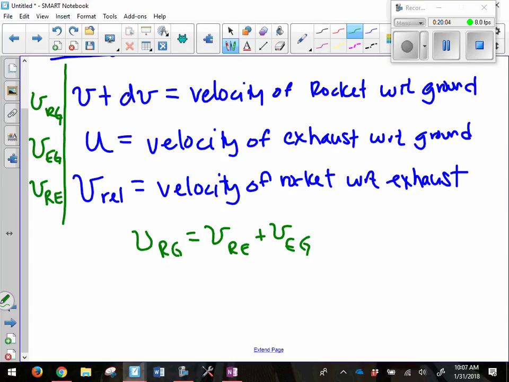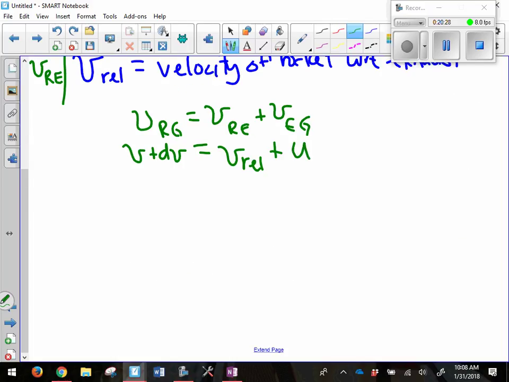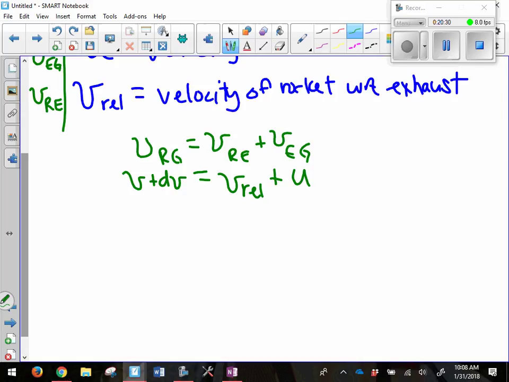Okay, so everybody gets where this comes from. If we put everything in, then the velocity of the rocket with respect to the ground is v plus dv. The velocity of the rocket with respect to the exhaust is vrel, and the velocity of the exhaust with respect to the ground is u, based on the way we defined things.